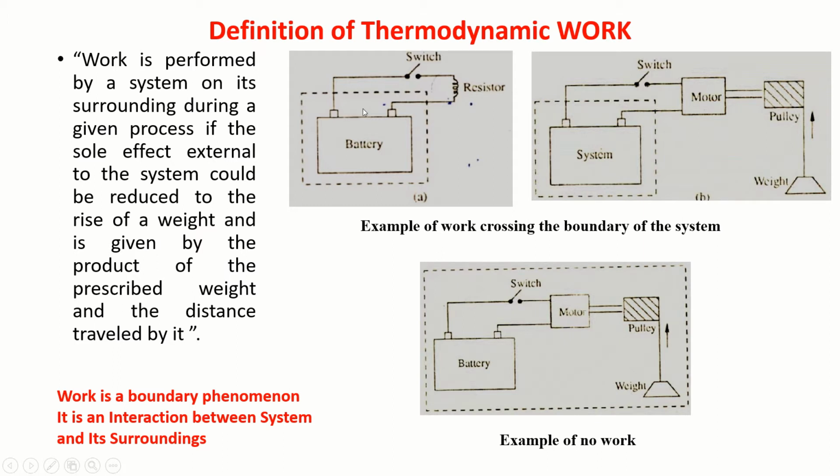Suppose I have a battery, and an electric bulb here. The resistance of the bulb I have shown as a resistor. The moment I close the switch, current will pass through this and the light will glow.